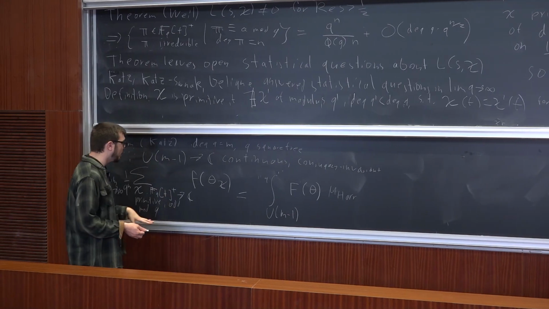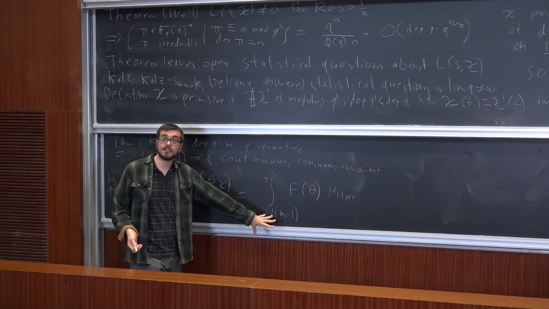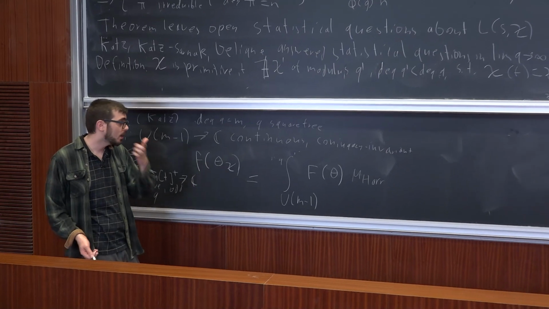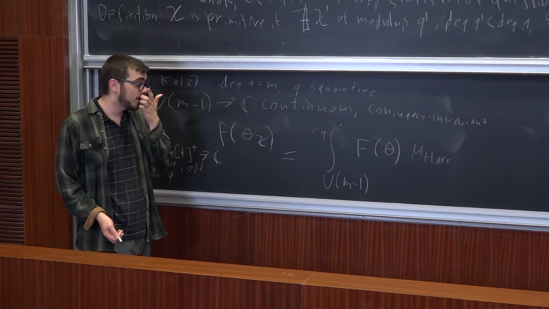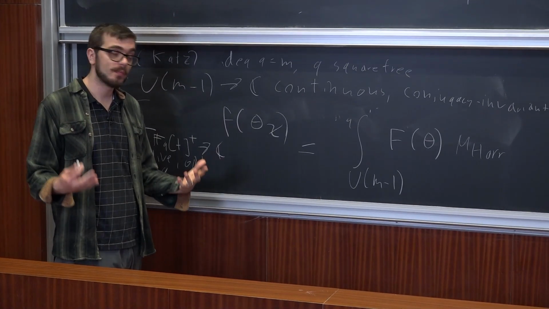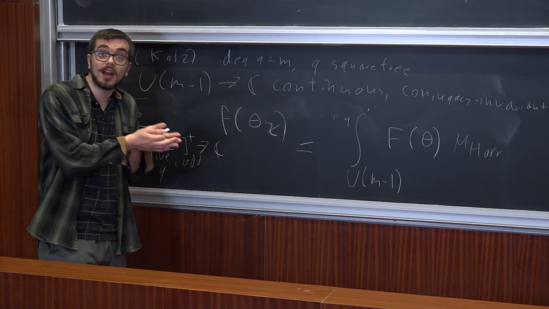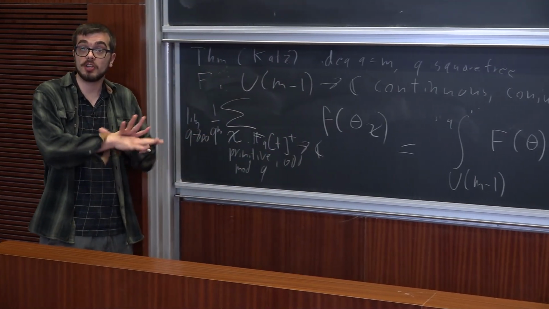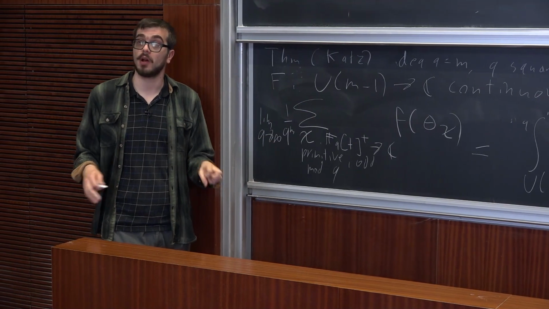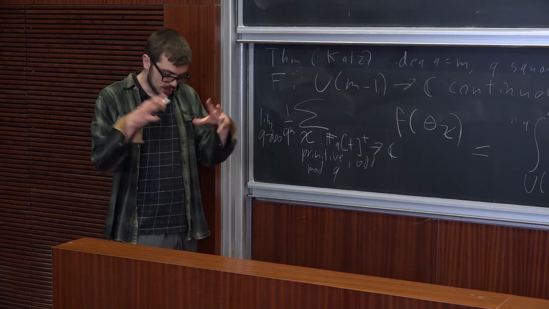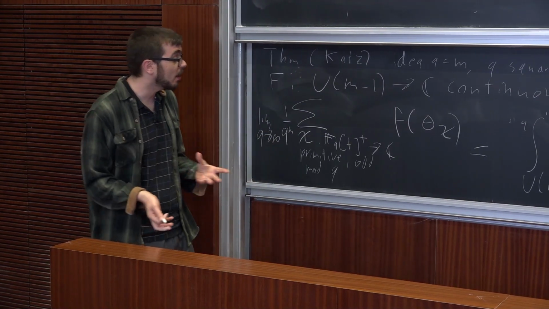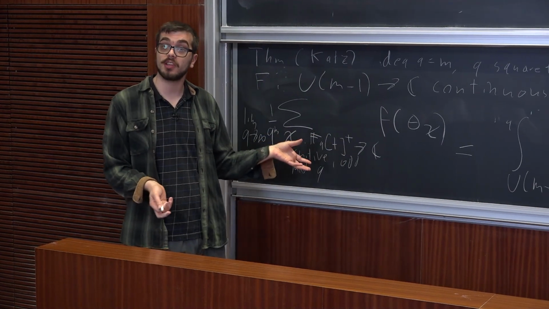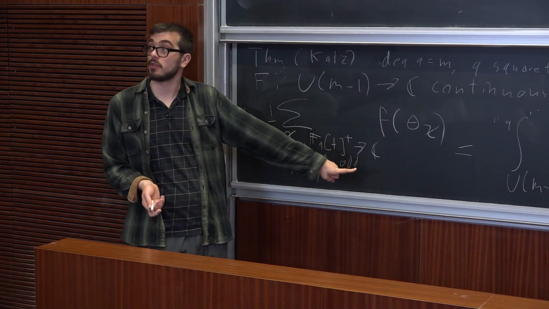You would lie in a subset of this unitary group U(m-1). But it's very hard to find such a theorem, because this theorem tells you that on average, for large Q, you're everywhere in this group U(m-1). Every subset with non-empty interior will contain something with large enough Q because of this equidistribution result.